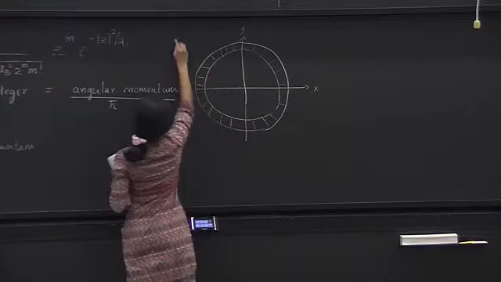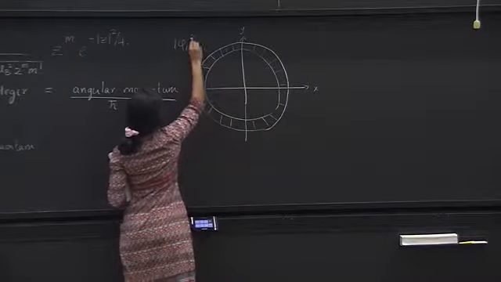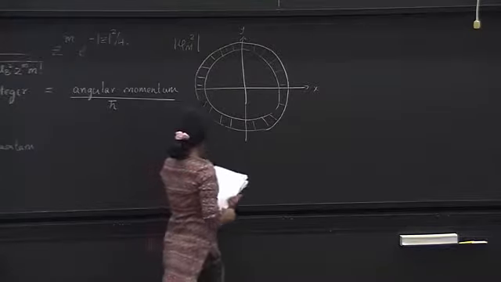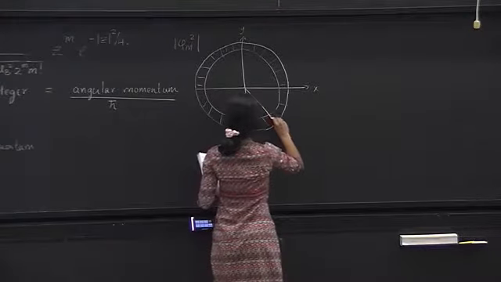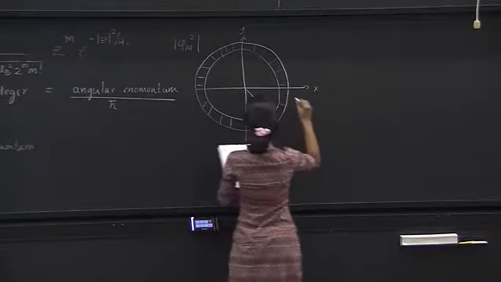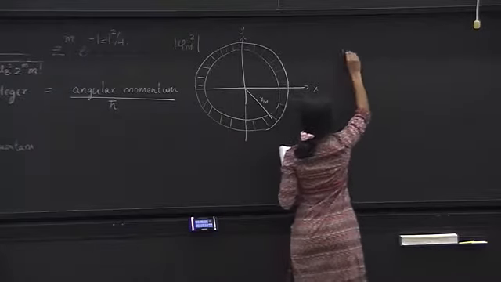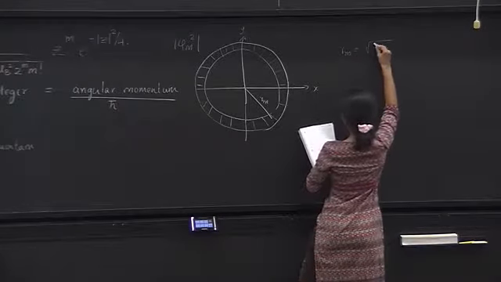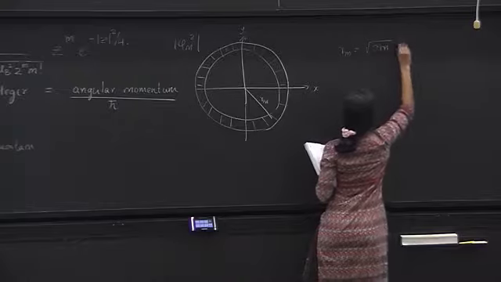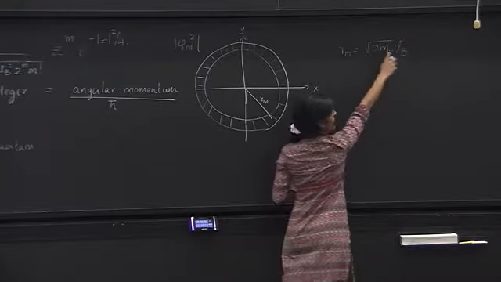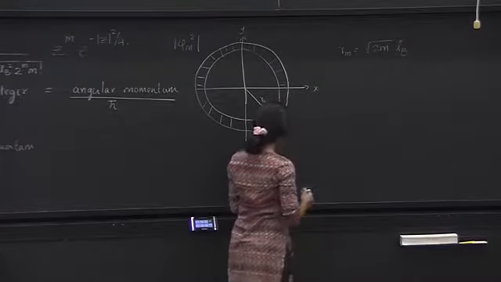So I'm plotting mod phi_m squared. The radius of this ring, R_m, is square root of 2m times the magnetic length l_B.